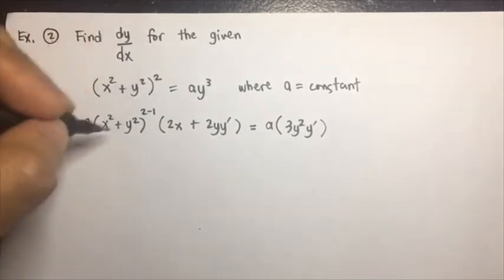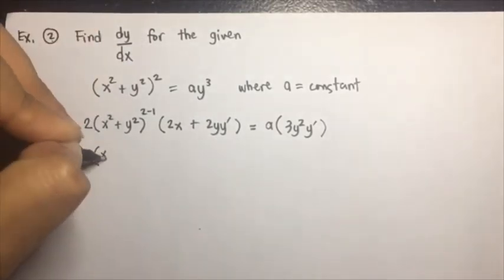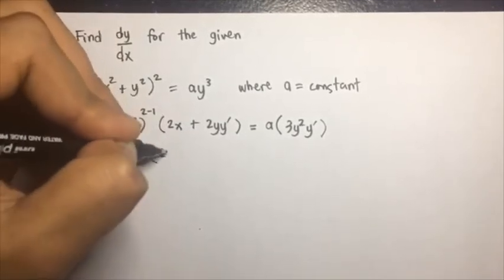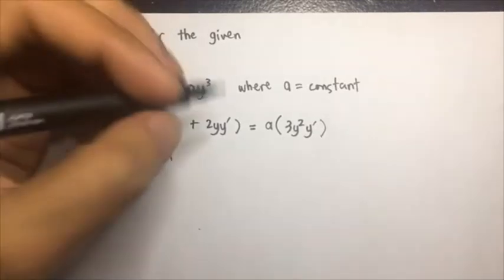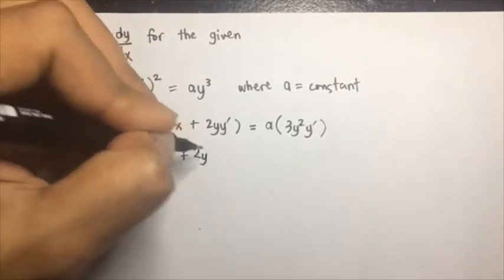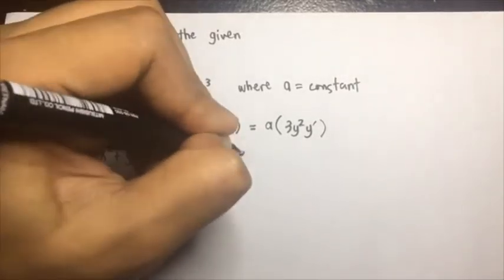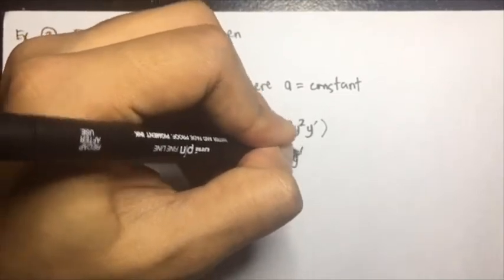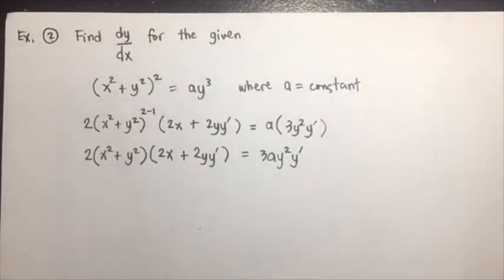So rewriting, you have 2 times x squared plus y squared times 2x plus 2y y prime is equal to 3a y squared y prime.